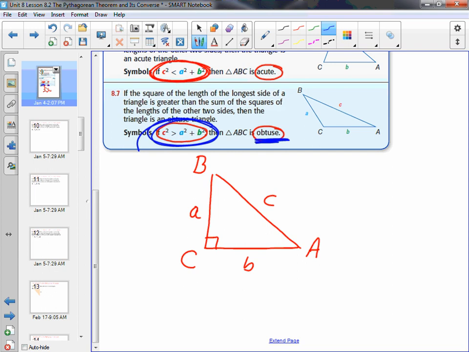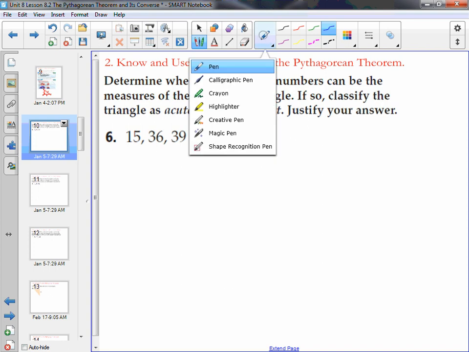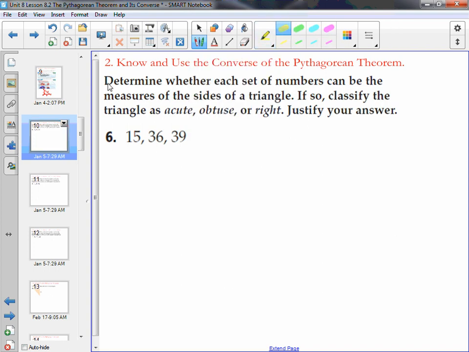All right, let's see if we can apply this. Number 6. Determine whether each set of numbers can be the measures of the sides of a triangle. If so, classify the triangle as acute, obtuse, or right, and justify your answer. Ooh, what's this part of the directions mean?